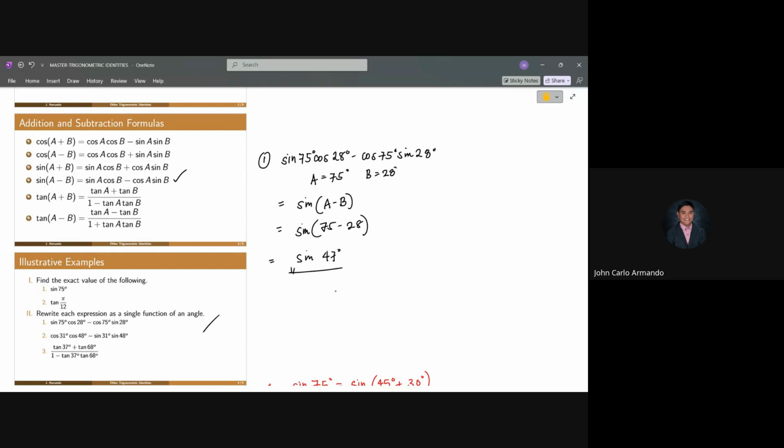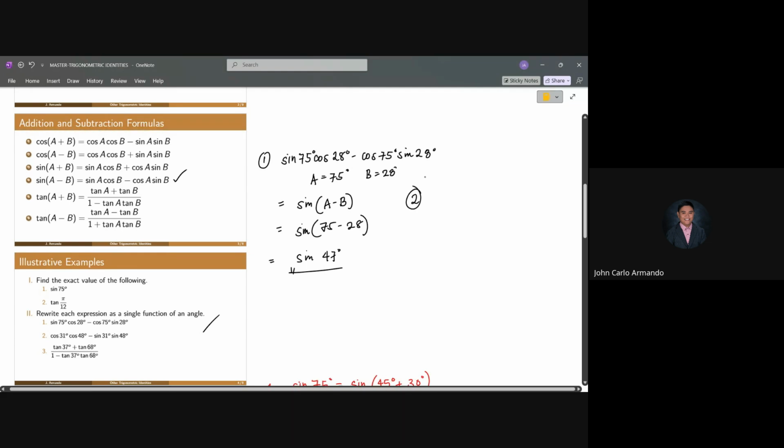Is it clear, everyone? Kindly give a reaction if it's clear for you. All right, thank you for the response. How about the second one? We now have cosine 31 cosine 48 minus sine 31 sine 48.